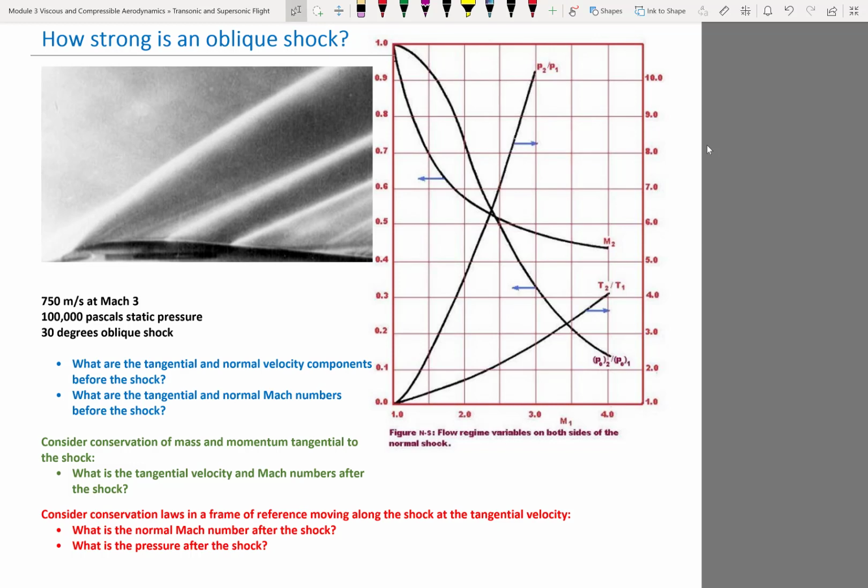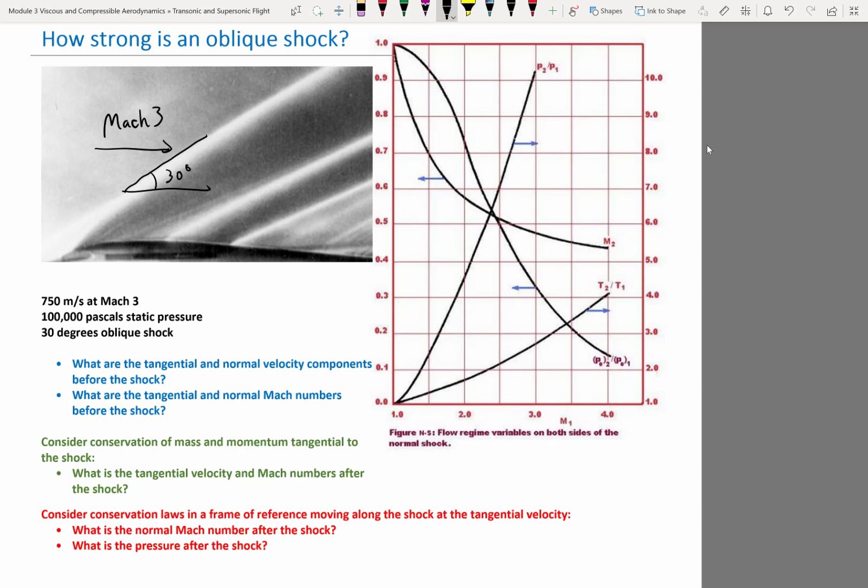Let's imagine we have an airplane that flies at Mach 3, in standard atmosphere, 100,000 pascals, and a 30-degree oblique shock. So what does that mean? That means the oblique shock has an angle of 30 degrees. And before the shock, we have a Mach 3 flow.